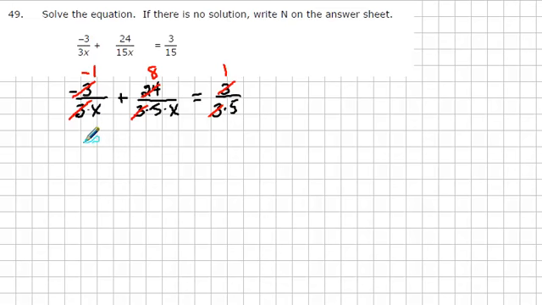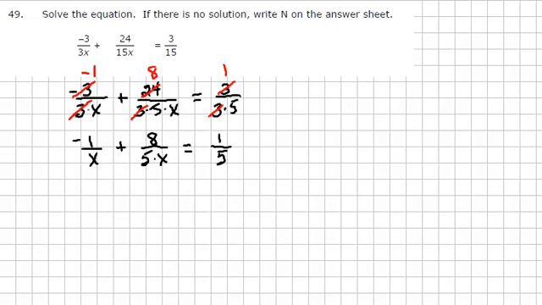So we can rewrite this equation as minus 1 over x plus 8 over 5 times x is equal to 1 over 5.